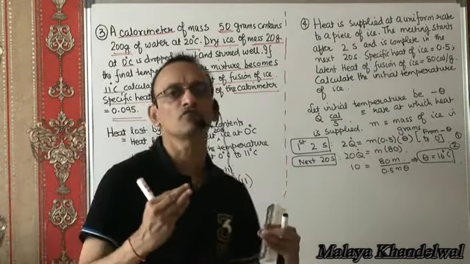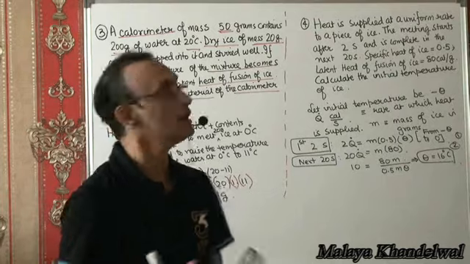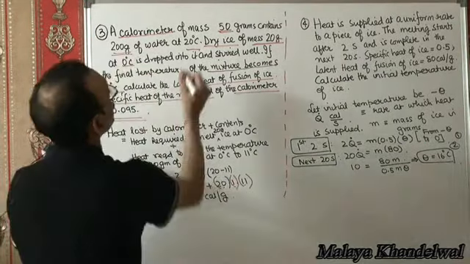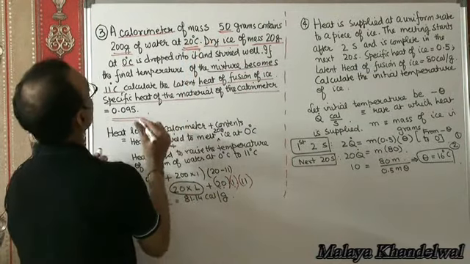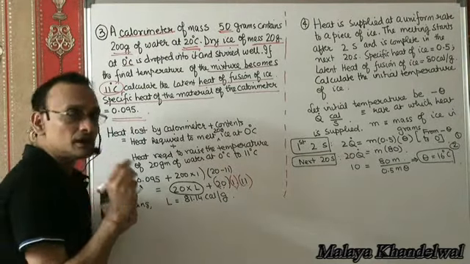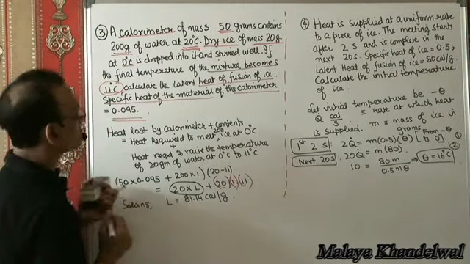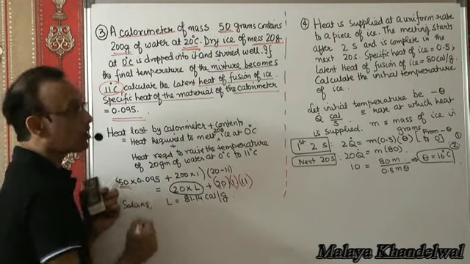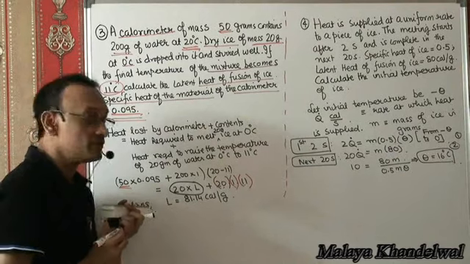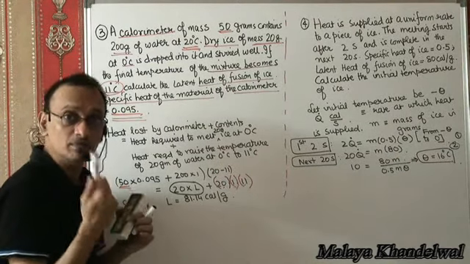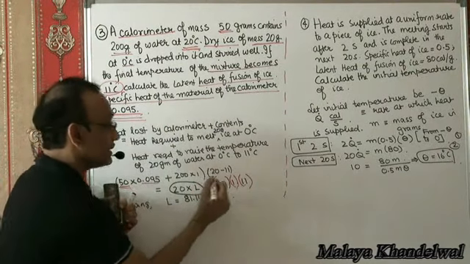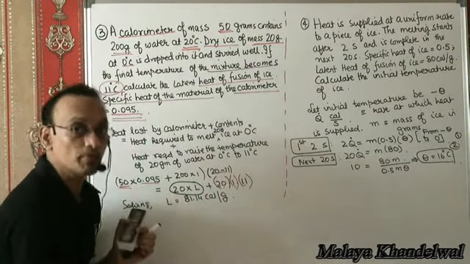So the calorimeter would have lost heat. The calorimeter and its contents would have lost heat because it was originally at 20 degrees centigrade and now the whole thing is at 11 degrees centigrade, right? Look at the calorimeter alone. That's 50 grams of calorimeter, and the specific heat of the calorimeter is 0.095. So the heat lost by the calorimeter is mass into specific heat into 20 minus 11, which is the drop of temperature.